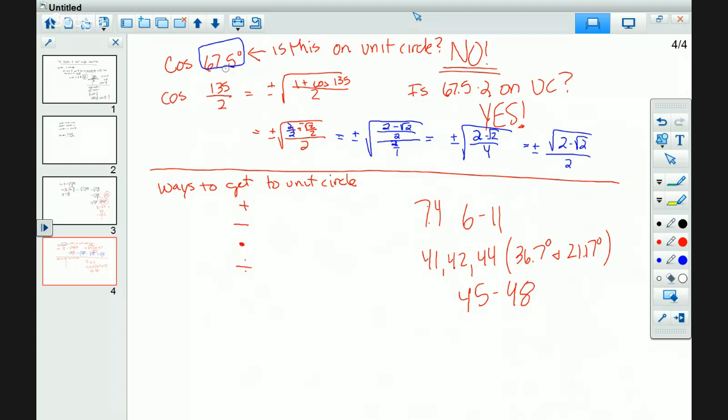Cosine is positive for 67.5. That's the angle, 67.5 degrees. Cosine is positive, so positive.